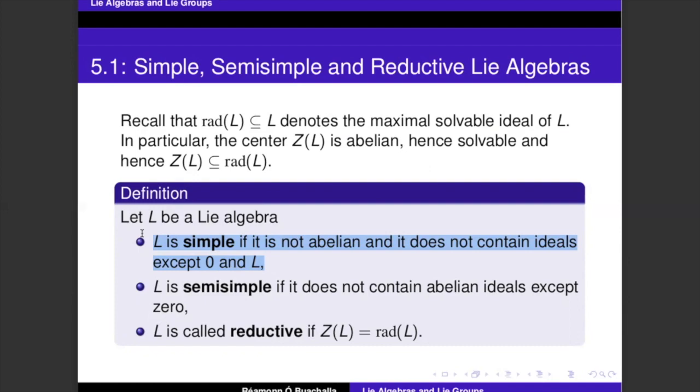So really what abelian is excluding is the zero Lie algebra and the one-dimensional one. There is only one one-dimensional Lie algebra. So it's excluding those two cases. We could, if we wanted to, replace abelian by dimension greater than or equal to 2. But that's not how people do it in general. It looks a little bit ugly, so we put in abelian. But just remember, it's only excluding these two possibilities.